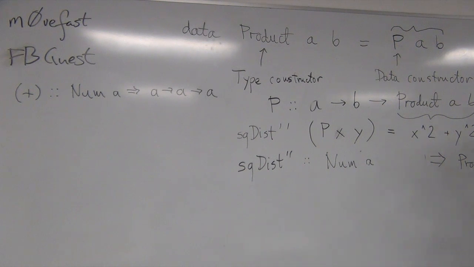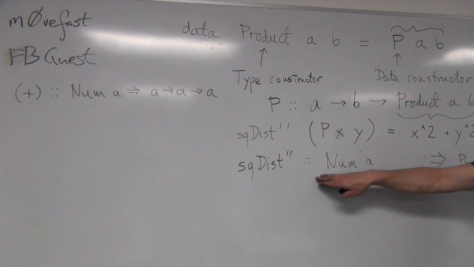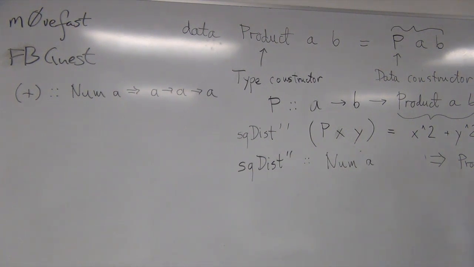So I haven't introduced type classes yet, but you see how they work, right? You have to specify that it's not one particular type, but a whole class of types which have a particular property, and one of them being able to multiply them and add them. Right?